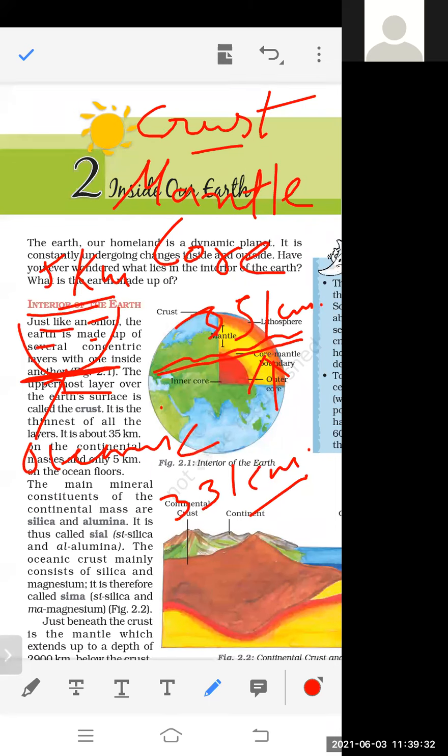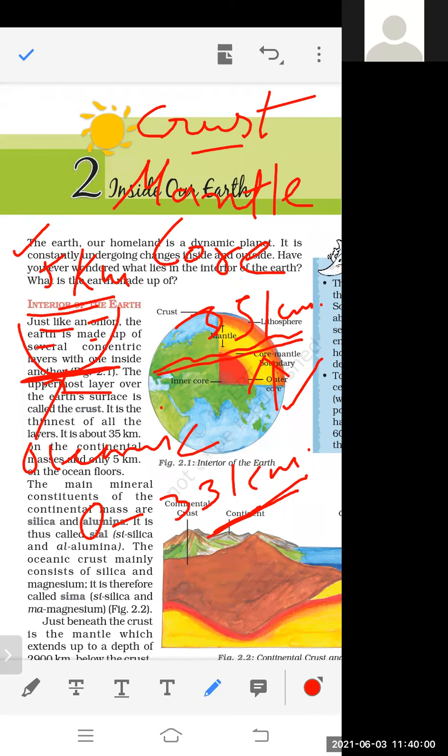So the average depth of crust is 33 kilometer. If we go from the surface to the inside of the earth, 33 kilometer, we will find the solid rock material. So that is our crust. The thickness of the crust is 0 to 33 kilometer, while the crust is 5 kilometer in the oceans and 35 kilometer in the continents.